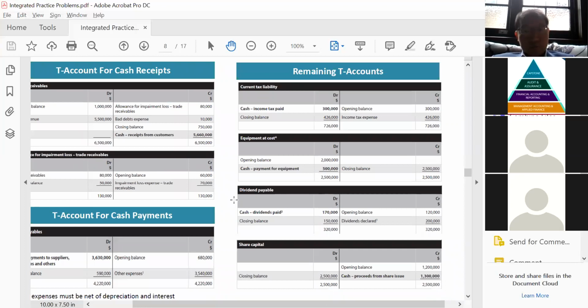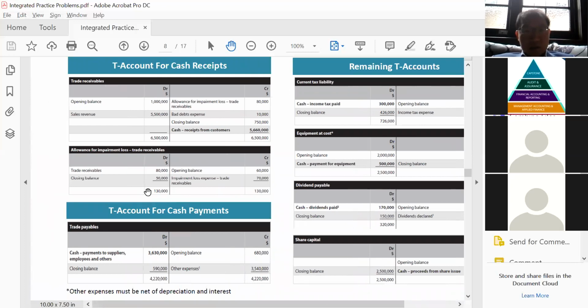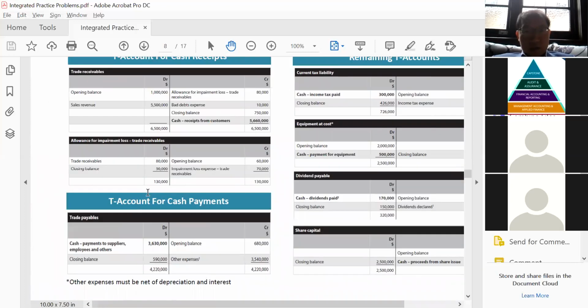Now, one of the areas that you do need to be careful about is with respect to this other expenses component, okay? In the question, it's saying that this includes interest and this also includes depreciation, okay?